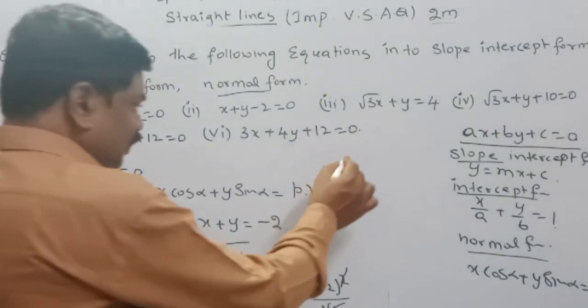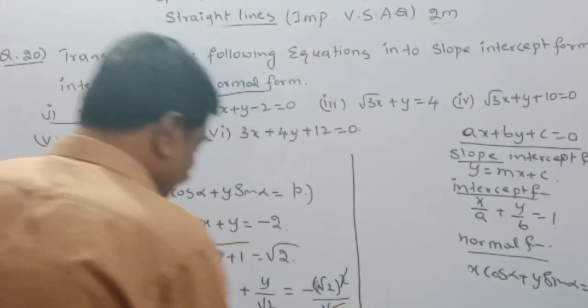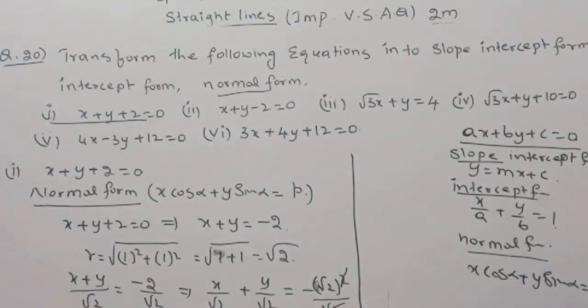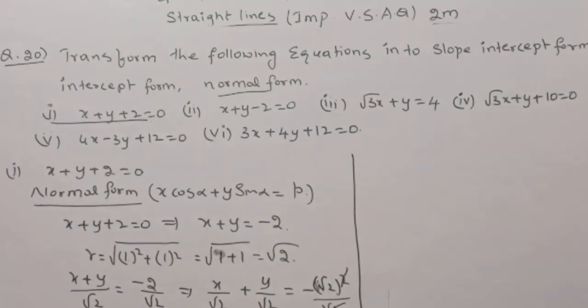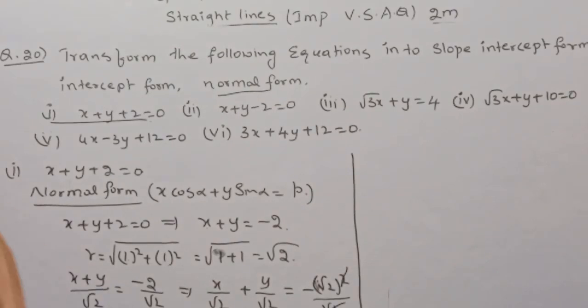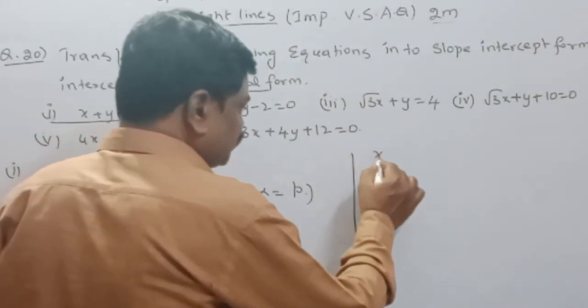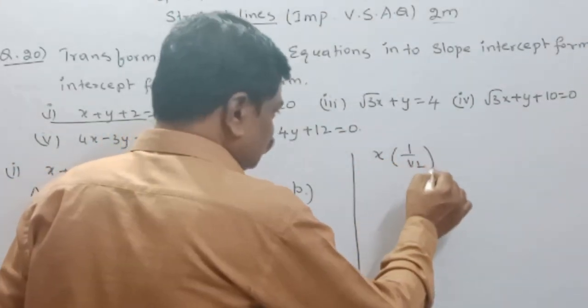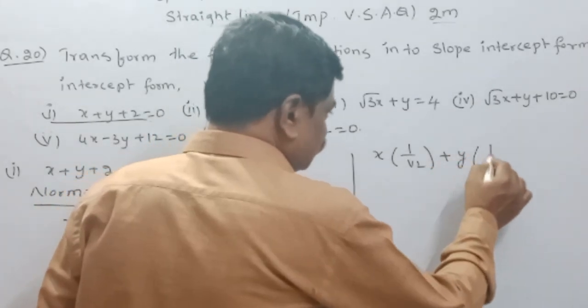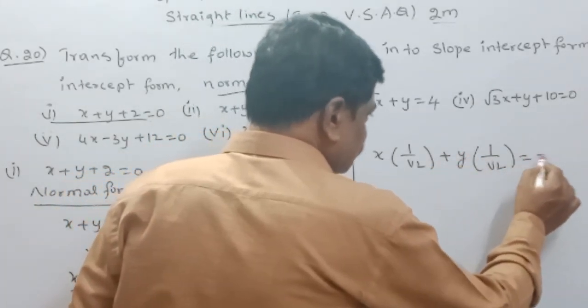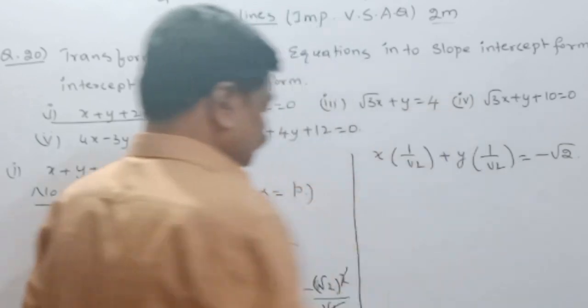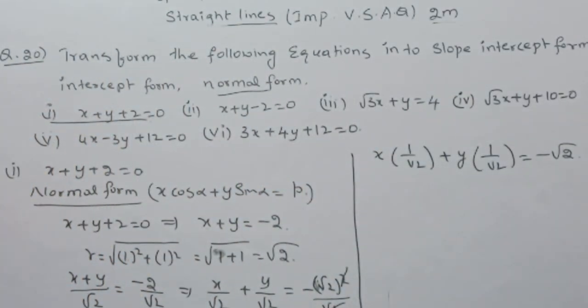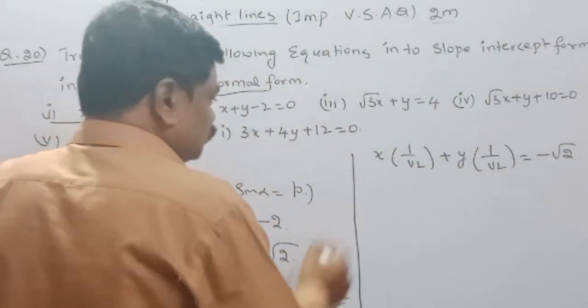Then what can we write here? That is x into 1 by root 2 plus y into 1 by root 2 is equal to minus root 2. Okay, all of you. Then what is 1 by root 2?